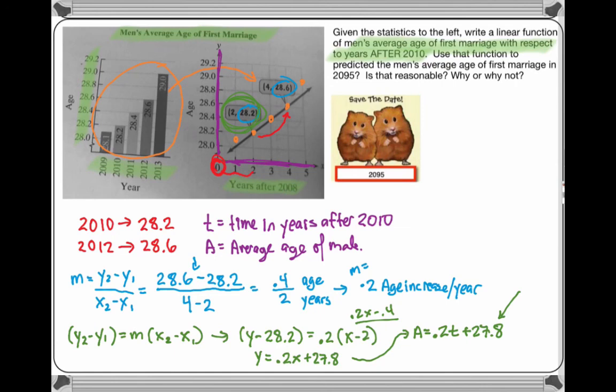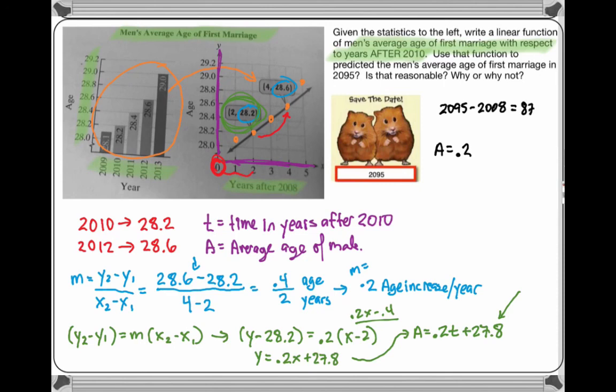So now let's go ahead and plug in the 2095 value, and we know that t is going to be the years after 2008, so we need to do a little bit of subtraction, load it in, and then calculate out. So let's do that. Okay, and so it looks like the difference between these two is going to be what, 87 years?